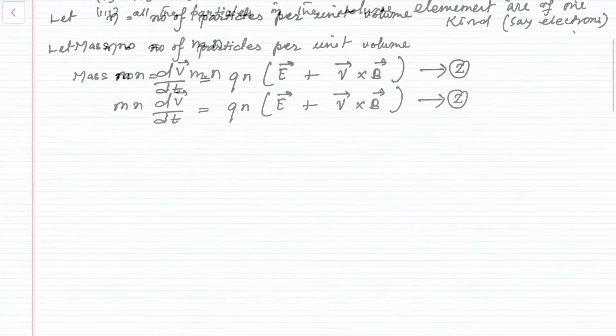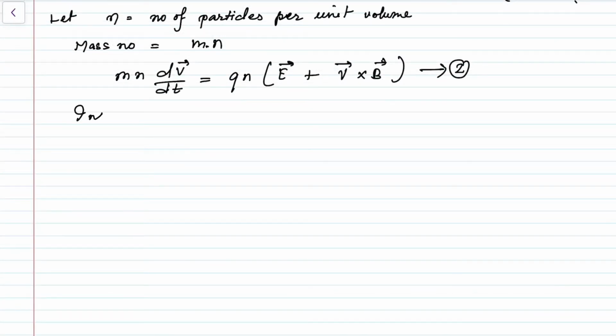In this case, V doesn't represent the velocity of one particle.